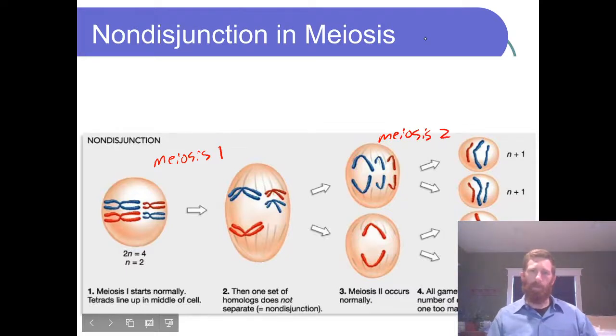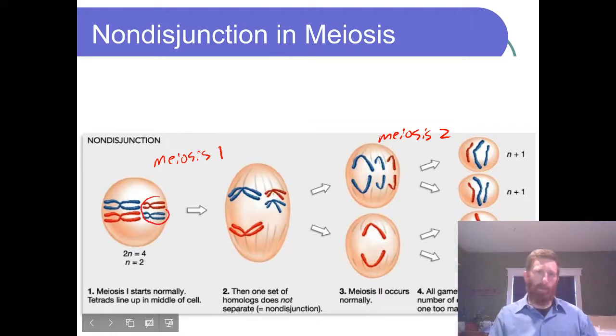This big chromosome forms a tetrad and then separates in anaphase one, and then lines up. They don't show every single phase, but this is the basic idea. It lines up and then separates in anaphase two, and then we have one red chromosome per gamete over here. That's fully functional.